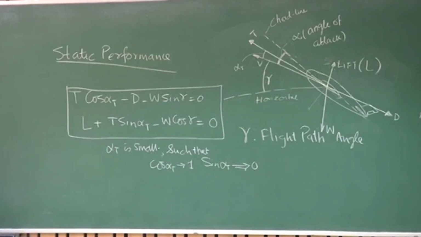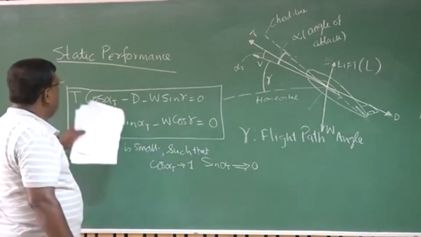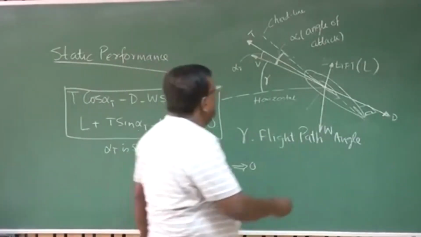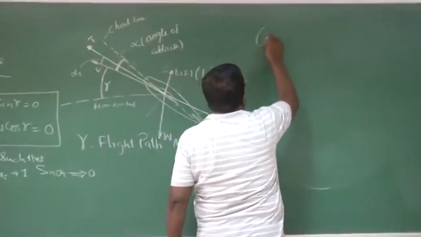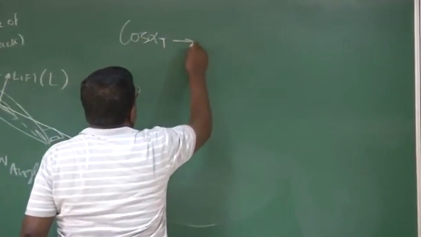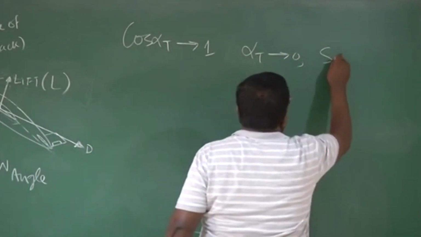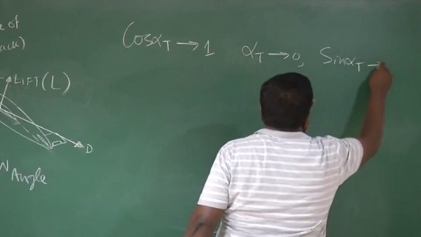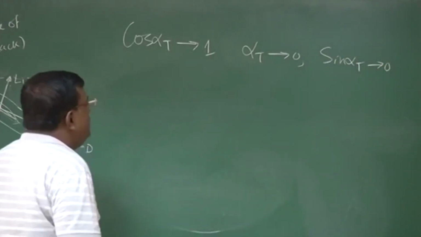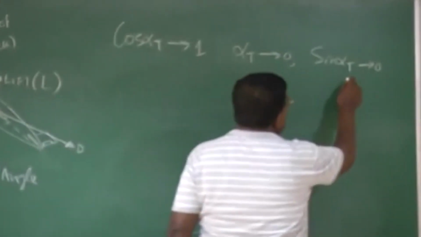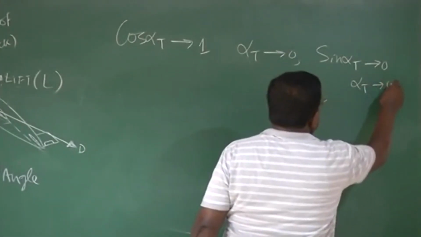Right? If I now put these conditions here, what do I get? Then I get cos alpha t tends to 1 and sin alpha t tends to 0, because it tends to alpha t and alpha t tends to 0.